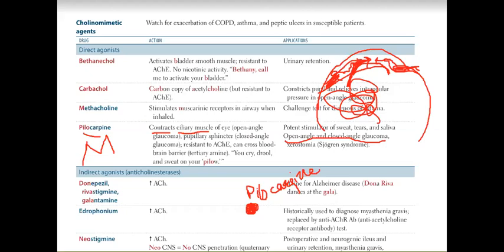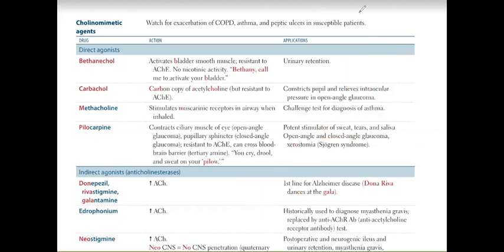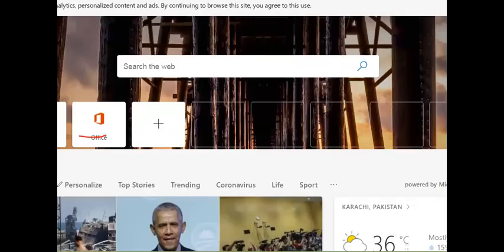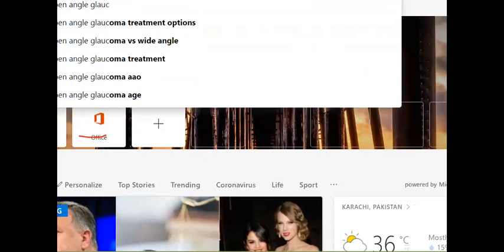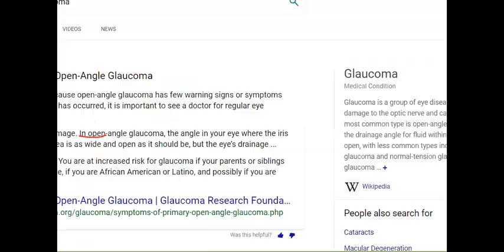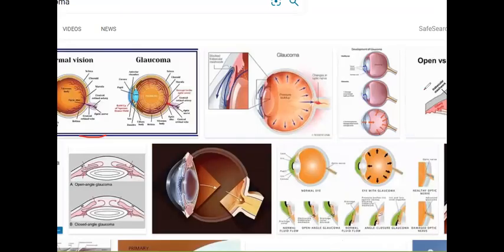That is how I showed you the diagram yesterday for pilocarpine, and I can show it again, the diagram for open angle glaucoma, what actually happens in this. Wait a second.